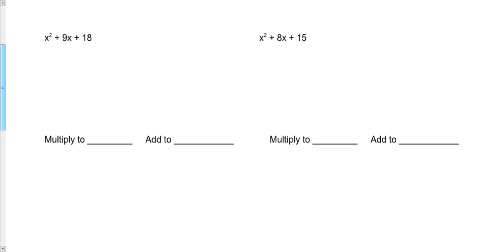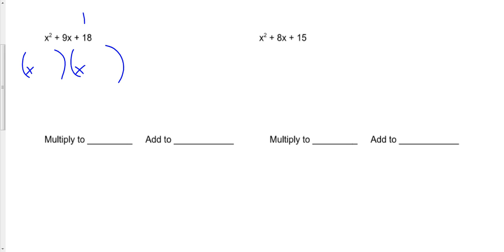In this instance, we have an equation here. We've got x squared plus 9x plus 18, and we're trying to figure out how to break this down into two different pieces. Again, we've got x in front of both of them. Now we want two numbers that are going to multiply to positive 18, because that's our c value.